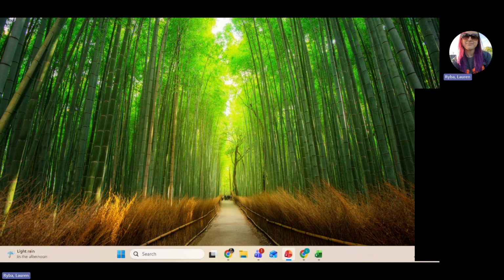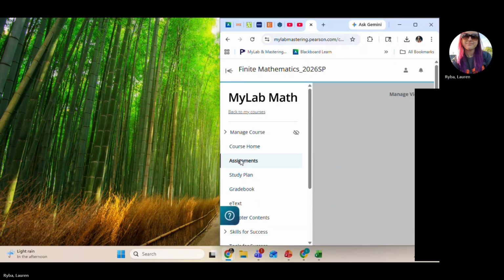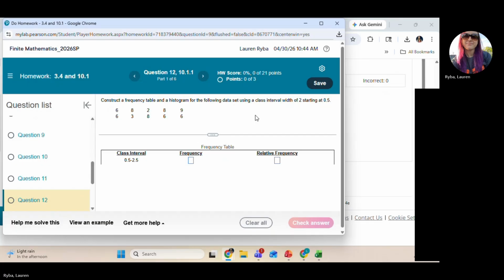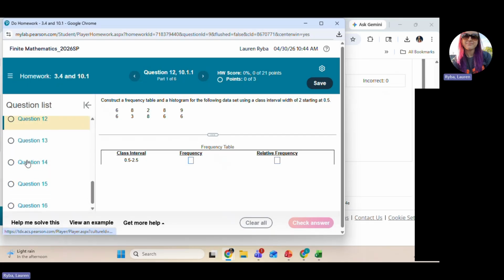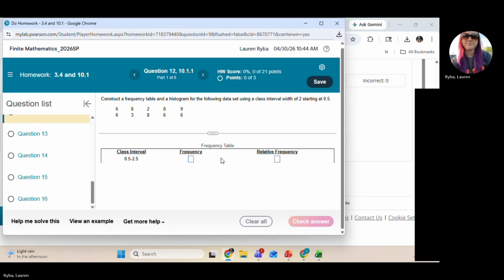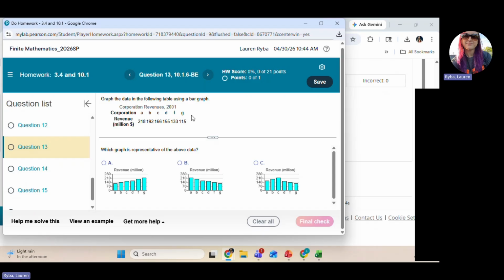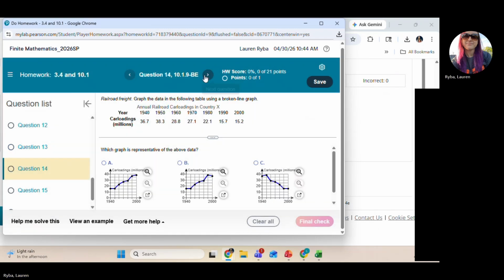All right. Your homework for this is pretty much just making graphs, draw the graphs. There are 1, 2, 3, 4, 5 questions from the section. The first one has you create your frequency table, then determine your relative frequency, and then make a histogram. There's one here with which one's the correct bar graph, which one's the correct broken line graph.